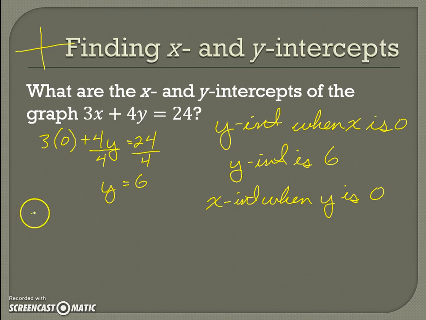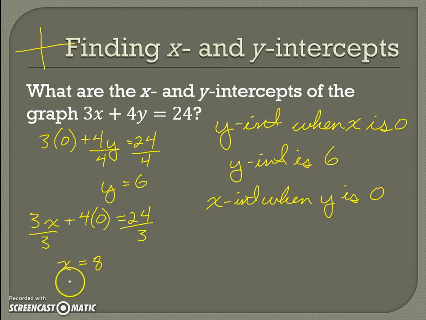So we could do the same thing here, and I have 3x plus 4 times 0 equals 24. And since we know multiplying by 0 eliminates a number, I'll just go ahead and ignore that and divide by 3, and I get x equals 8. So this is my x-intercept.